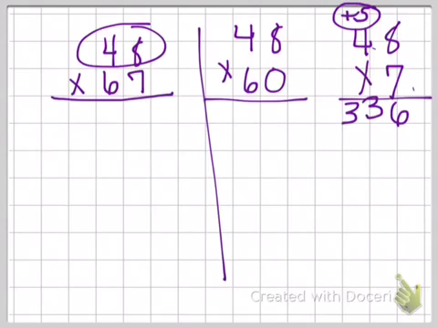So now I'm going to go ahead and solve my next one. And once again, I can see that this 0, I can just bring it right down. There it goes. Cross this off. And then multiply the rest. Now it's just 48 times 6. That's super easy. 6 times 8 is 48. So I carry my 4 and I put it up here.